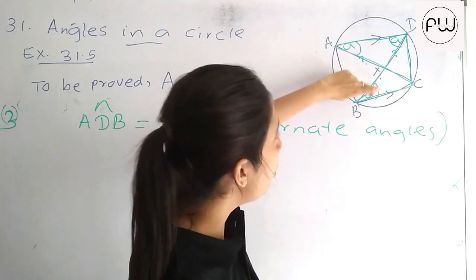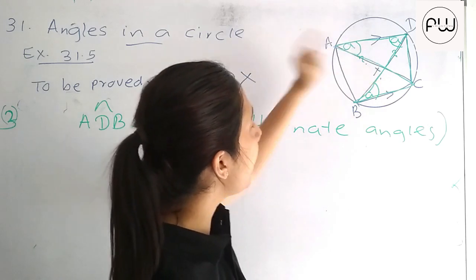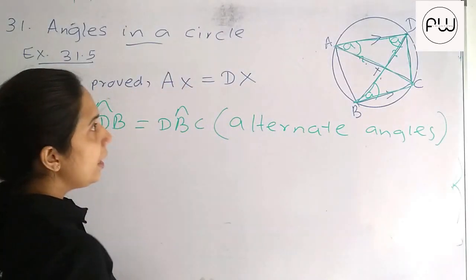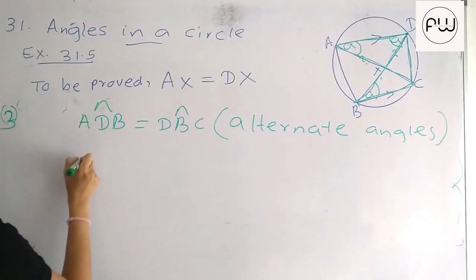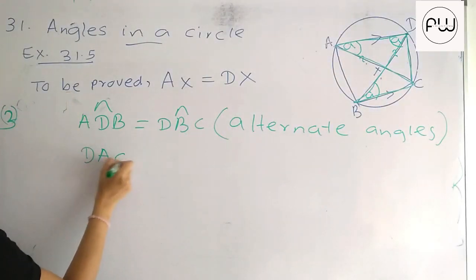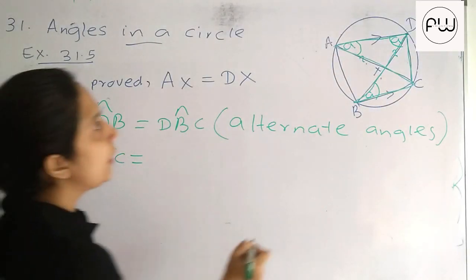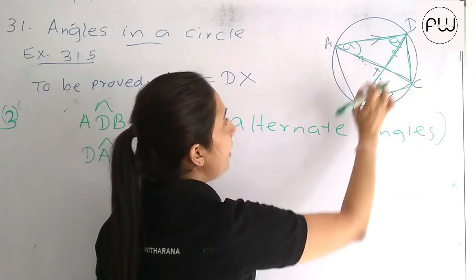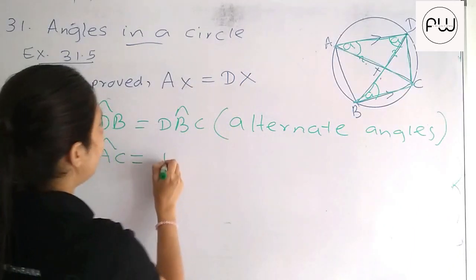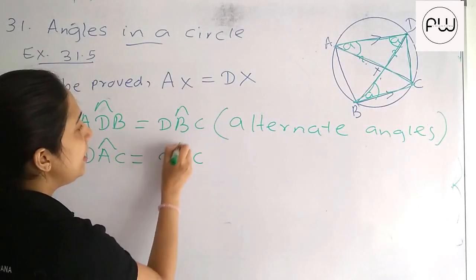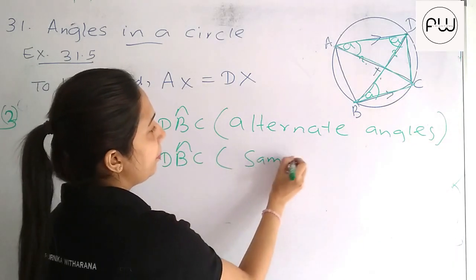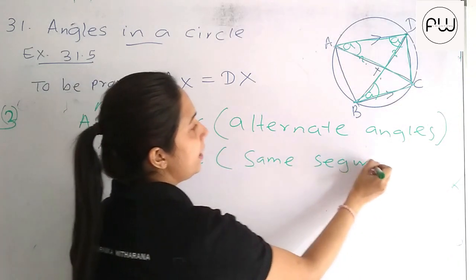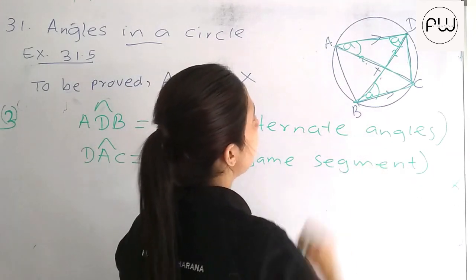Because these two angles are in the same segment. Then we can write angle DAC equal to angle DBC. What is the reason? It's same segment.